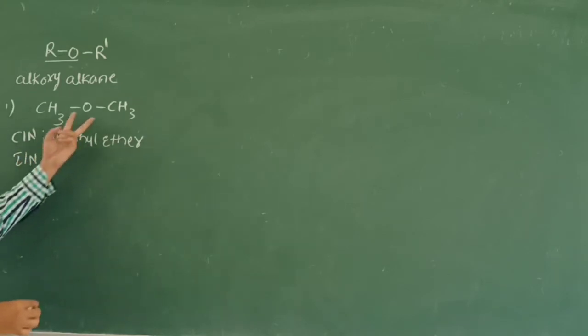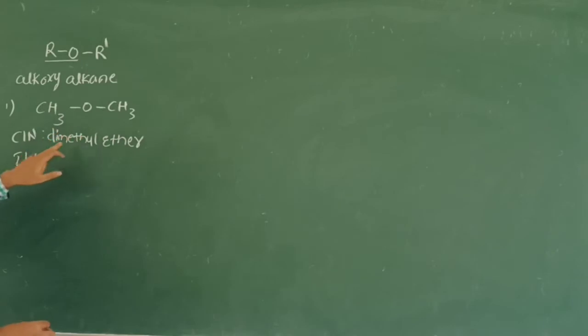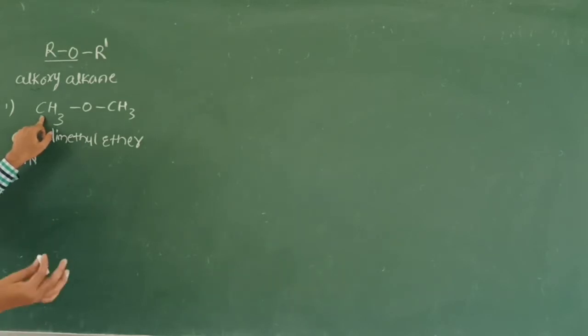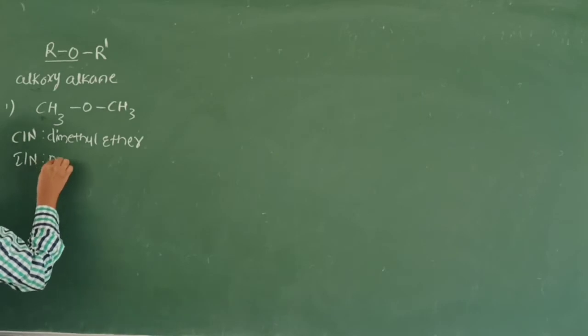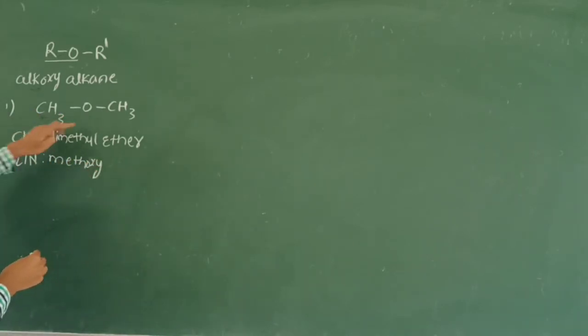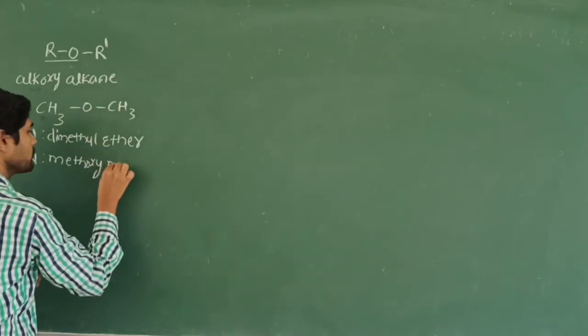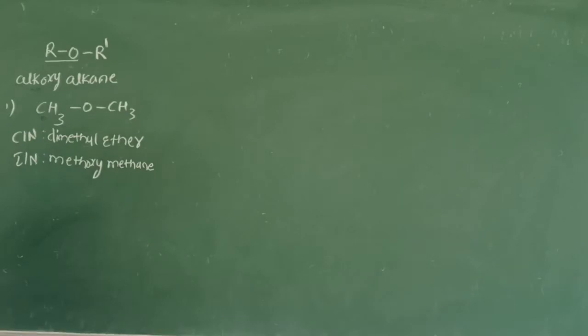Here you should not worry about the parent chain because similar groups are attached. So it is named as alkoxy. Alkoxy means if the first carbon is there, it is methoxy; if two carbon atoms are there, ethoxy. First I am going to name it methoxy. This is the alkane, that is methane. So like this we discuss the IUPAC nomenclature.